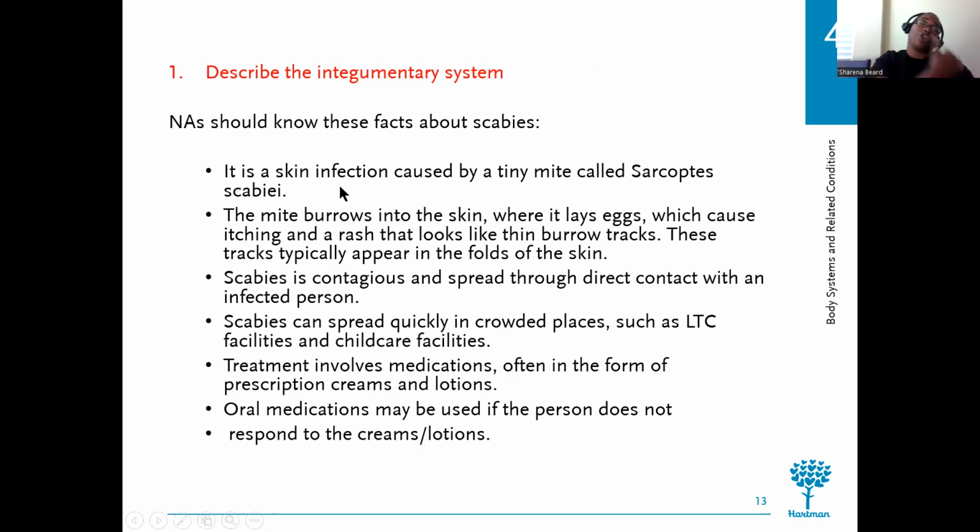Wash their hair, wash their whole body, get into all of the crevices, and then get them some clean, fresh clothes and clean, fresh linen after we clean everything up, and then they should be good to go. After their body is medicated, and they're on some antibiotics, then they are safe to be around. They're not contagious anymore. And then the set of clothes has to get treated also.